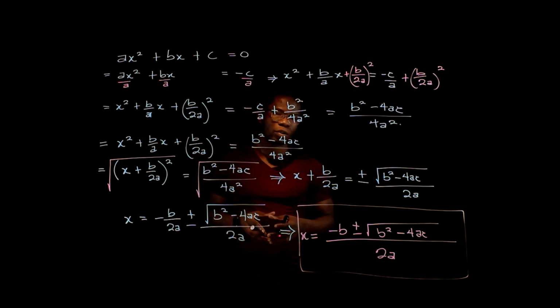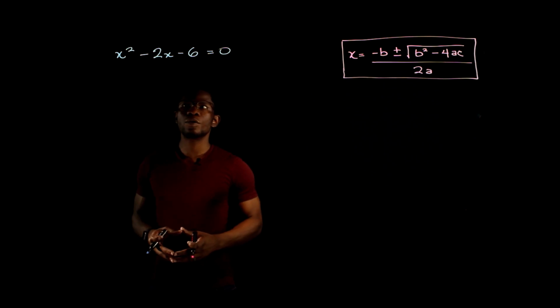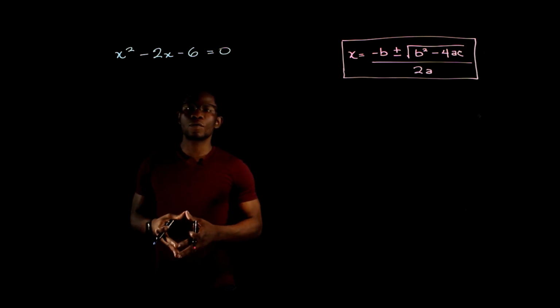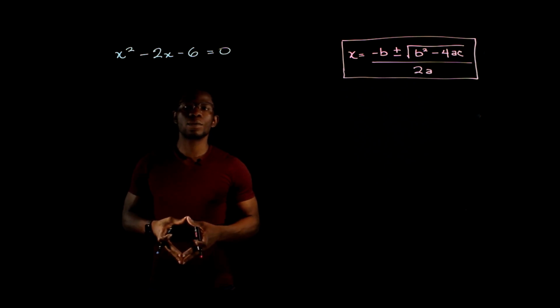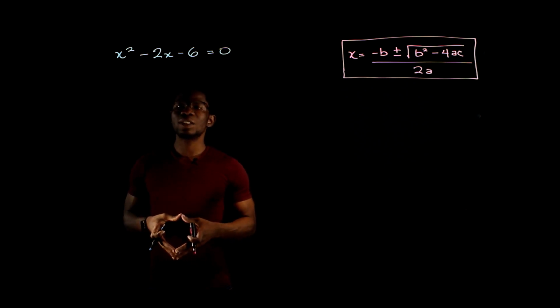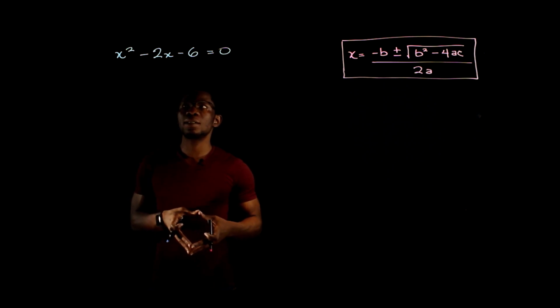Now let's take some examples and see how we can actually use this formula in solving real quadratic equations. For our first example, using the general formula method to solve quadratic equations, we have x squared minus 2x minus 6 equals 0. The first thing we need to do is identify our coefficients a, b, and c.